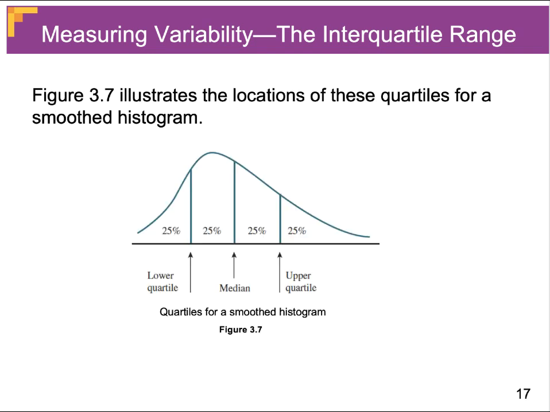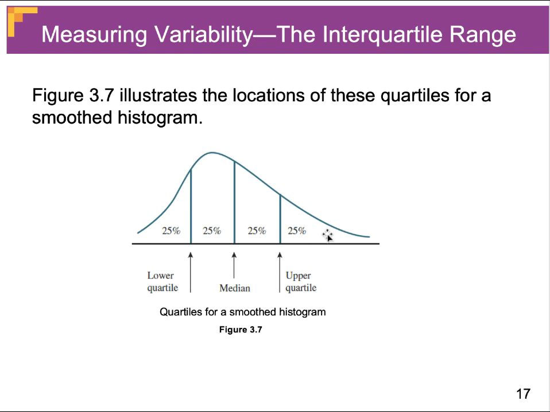And here you can see a picture. Your lower quartile is there at the bottom between the lower 25 and the upper 75. The upper quartile is there at the top with the upper 25 and then the lower 75. The median is right in the middle, 50% below, 50% above.